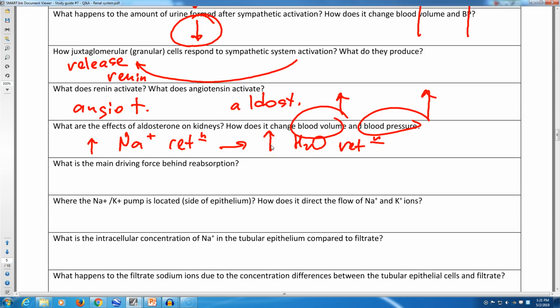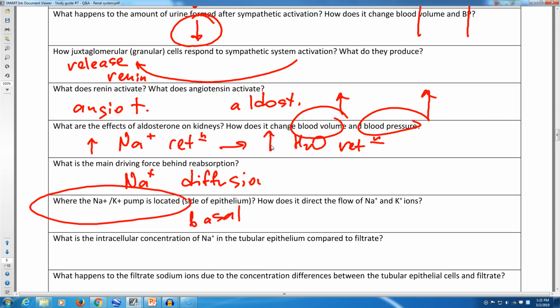Main driving force behind reabsorption is the sodium diffusion. Sodium-potassium pump is located on the basal side. So sodium goes in the tube, the other way around.